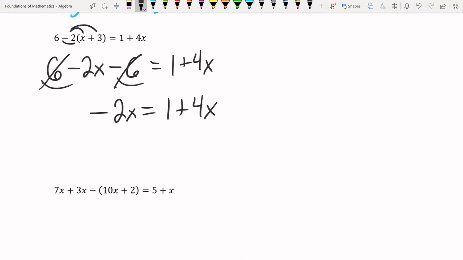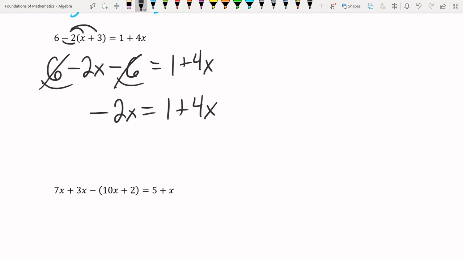And so what I would do in this case is I would actually subtract 4x. That's a little bit weird because I said I don't like negatives. But if we were to add 2x to the other side, there's more steps we have to do. I'll show you both ways. So for this side, I'm going to subtract 4x.